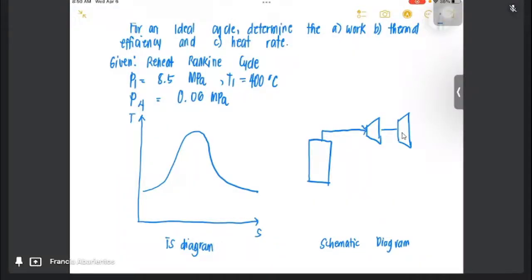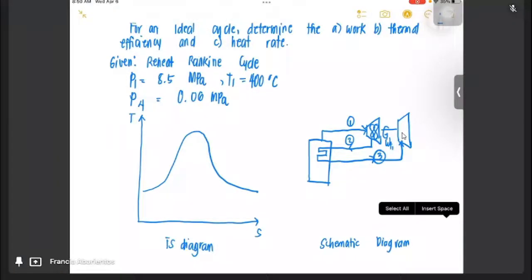Undergo siya ng process 1. From process 1 to 2. Sa turbina natin, we have work at point 1. And from that, the leaving steam galing sa reheater, another turbine.